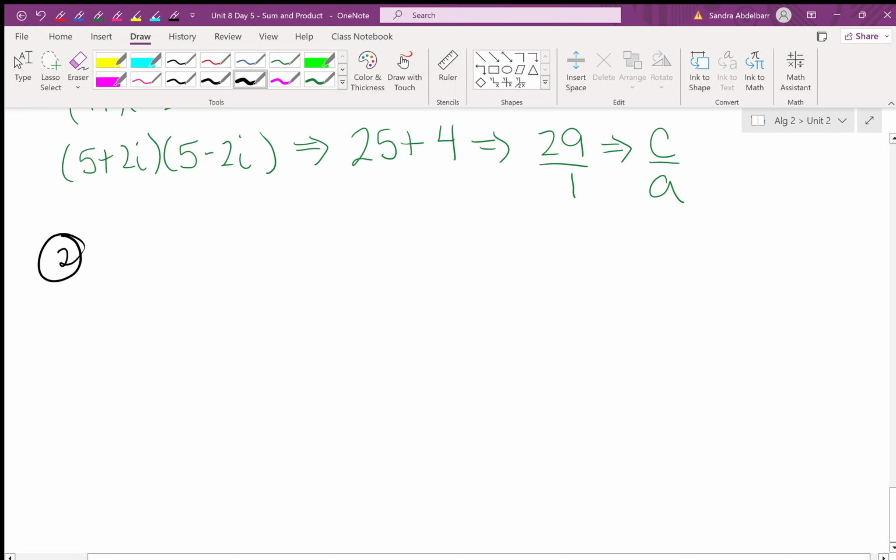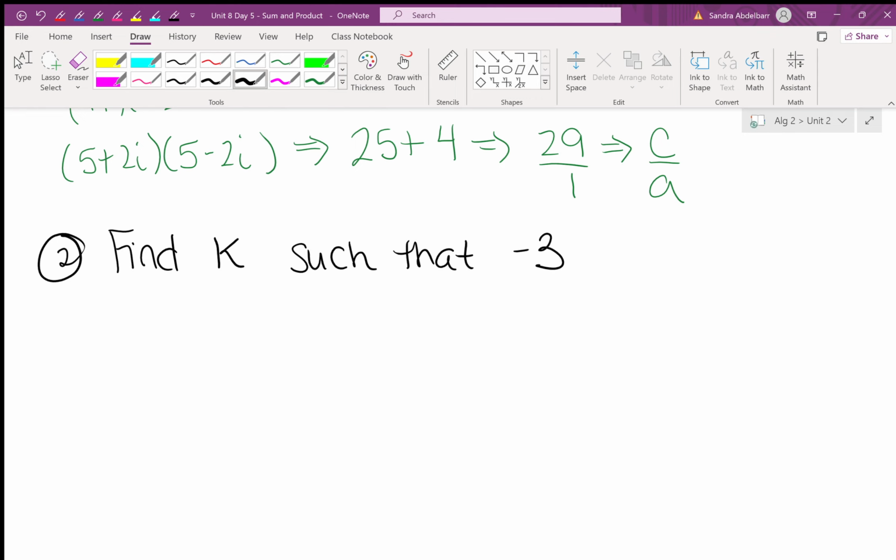So now I want us to find k such that -3 is a root of x squared plus kx minus 24 equals 0.